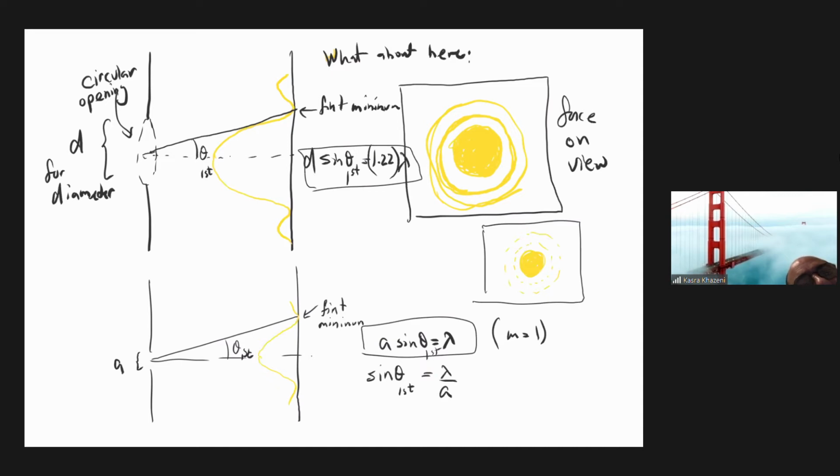Okay? Now, suppose I have a circular opening. And suppose far away there is a point of light.